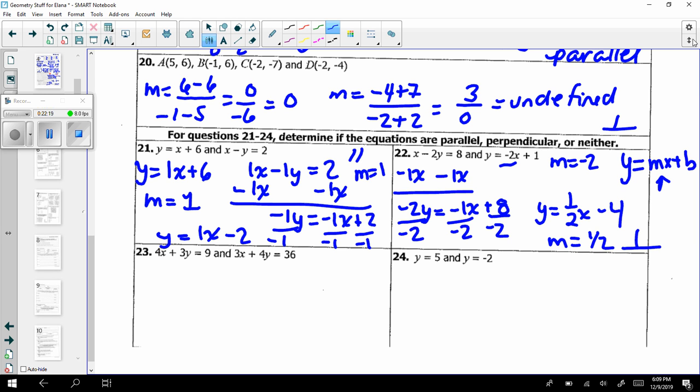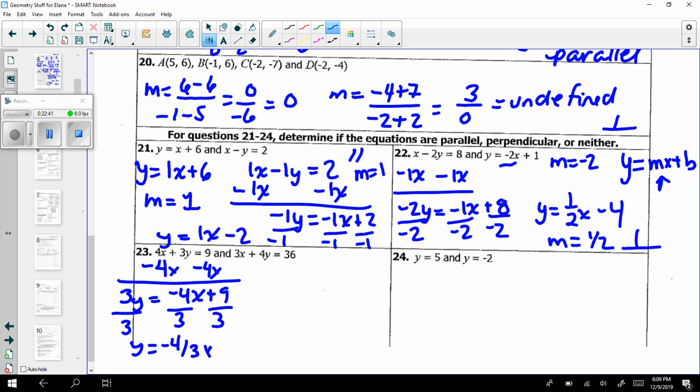Let's try this next one. I'm going to subtract 4x from each side, and I get 3y equals -4x plus 9. Divide by 3. So I get y equals -4/3 x plus 3. My slope is -4/3.